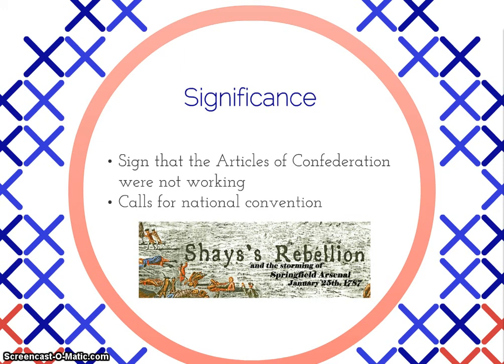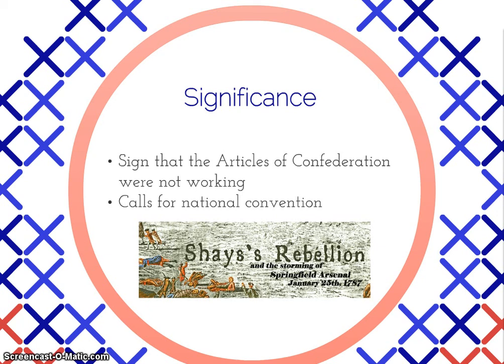If you remember from the weaknesses, the government can't collect tax dollars from anybody. It has to be from the states. They can't wage war unless the states give them troops. So if we were attacked or tried to be overthrown by anybody, they would have to get the states to send troops to the national government.